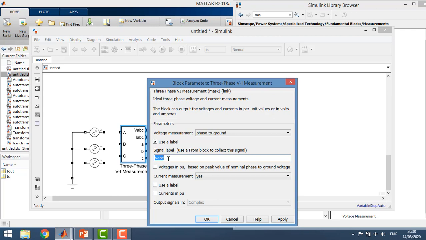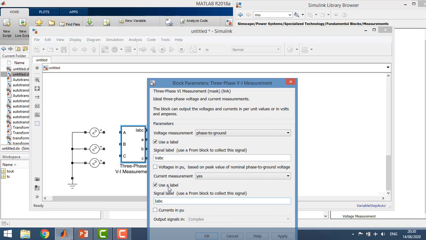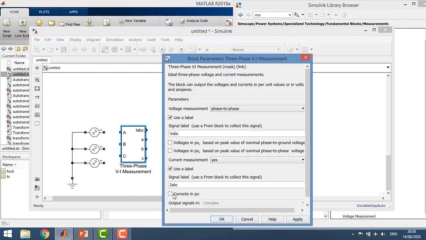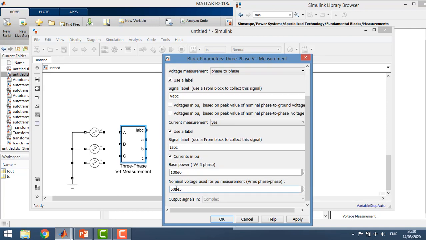So let's leave it with this form, and we can have the current measurement as well, and we can even have it in per unit, but in this case we need to have the base power and base voltage to calculate the per unit value.